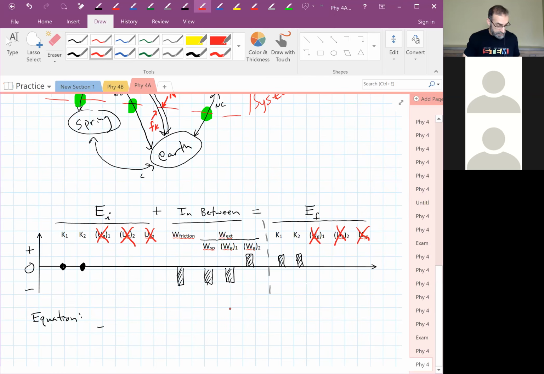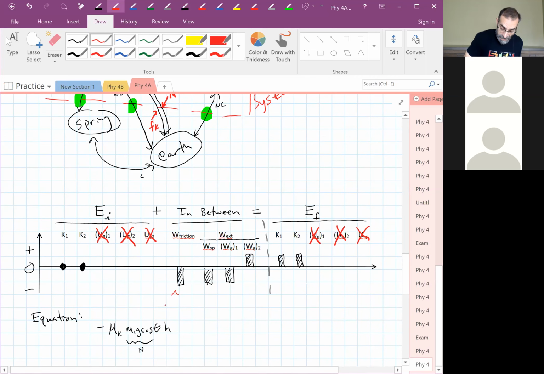Friction is going to be mu times my normal force times the distance it falls. That's that term right there. Then I've got negative work done by the spring.